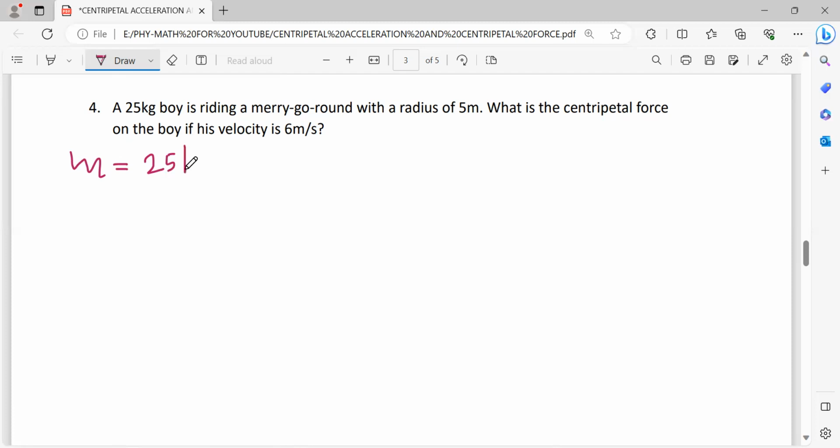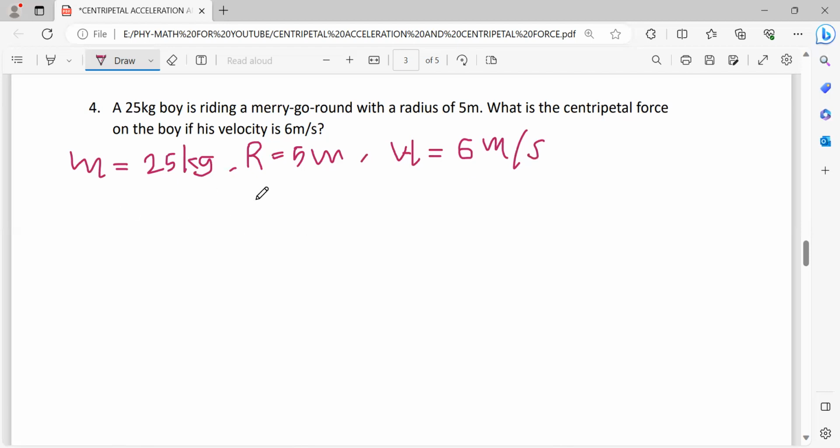M equals 25 kg, R equals 5, and the tangential velocity is 6 meters per second.